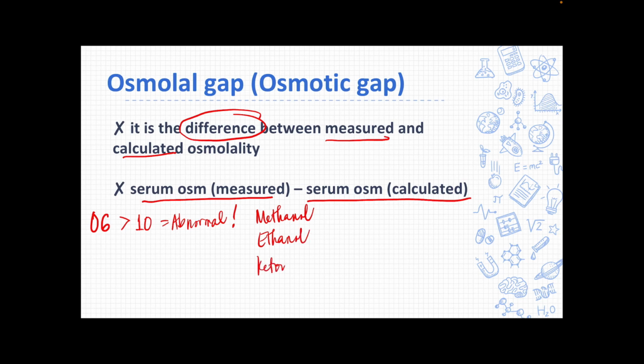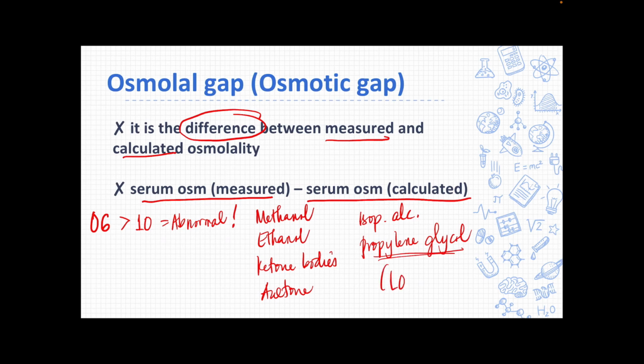Next, the presence of ketone bodies, and also acetone, and also isopropyl alcohol, and next one, propylene glycol. In particular, propylene glycol is found as a diluent for some intravenous medications such as the drug lorazepam.